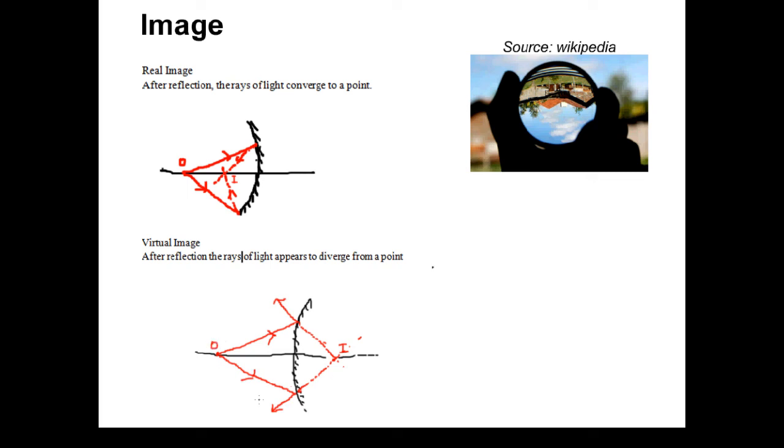So what does the definition say? The definition is, after reflection the rays of light appear to diverge from a point. Yes, if someone is looking from this point, if the eye is here, if someone is looking from this point of view, you'll see that the object is located at I, which is a virtual image, and O is the actual position of the object. This is a virtual and erect image, and in this case this was real and inverted.